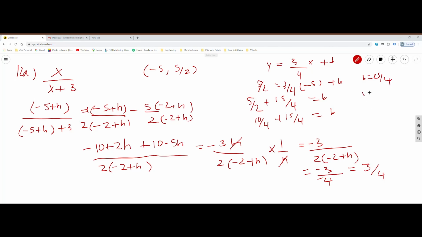So the equation is y equals 3 over 4 x plus 25 over 4. Then multiply everything by 4. So 4y equals 3x plus 25. The next one.